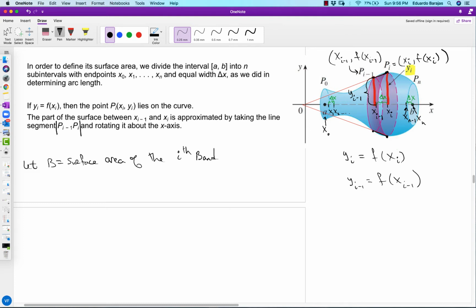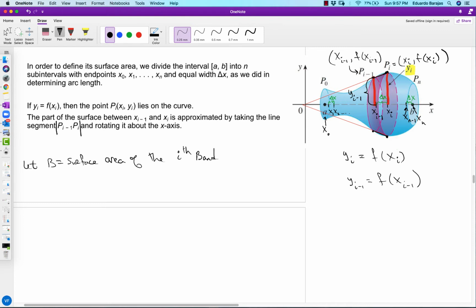So we're going to find that surface area for the ith one, and then we can use that formula to expand it out to the entire shape, and then we'll be able to get a good approximation for the area of the entire shape.